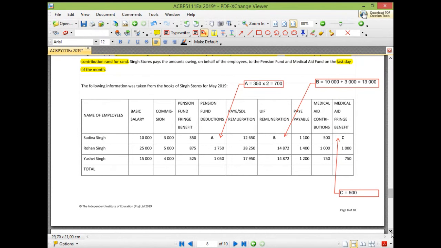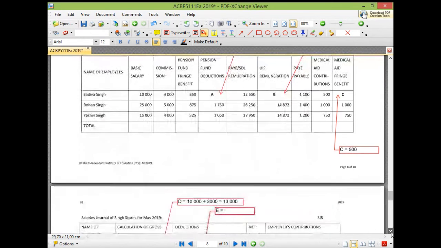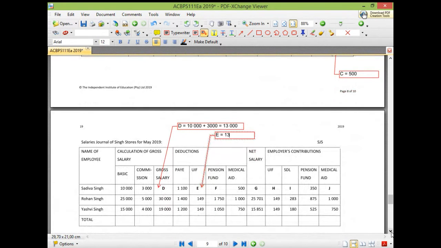So when we calculate UIF, we take that UIF remuneration, which is the 13,000, which was B, and we multiply it with 1% to get to 130 Rand. That will be captured under the deductions. Now, under the deductions, we're only showing the employee's contribution at this stage.